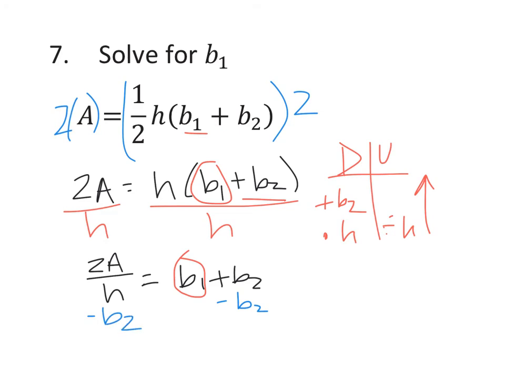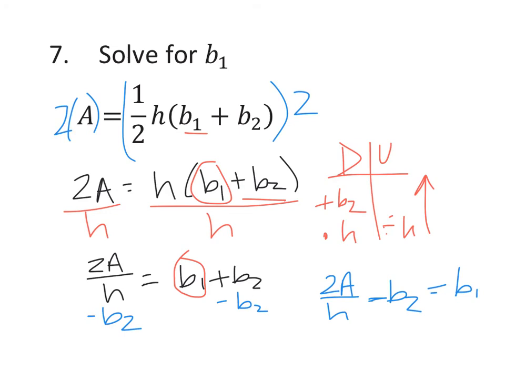I can't combine those. So I would get 2a over h minus b sub 2 equals b sub 1. So that's a shorter way to do it.